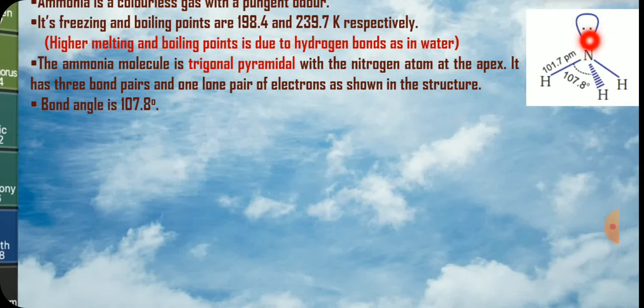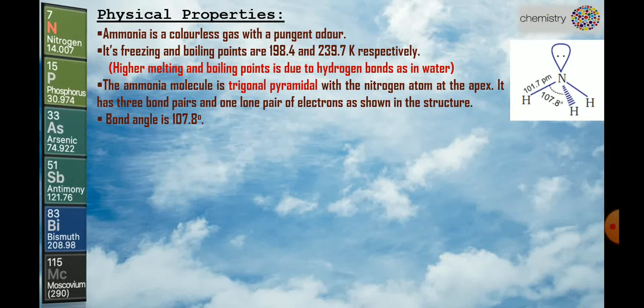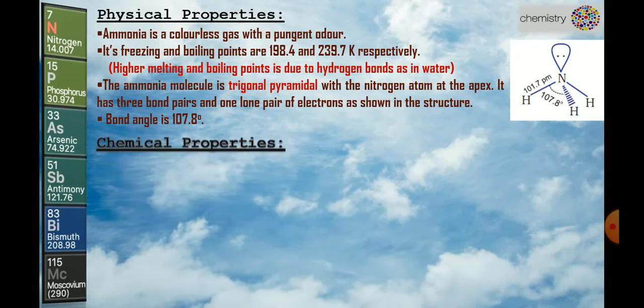These are the lone pair, one lone pair, and three bond pairs with a trigonal pyramidal structure. The N-H bond length is 101.7 picometer with an H-N-H bond angle of 107.8 degrees. The reason for the high melting and boiling point is important as far as examinations are concerned.